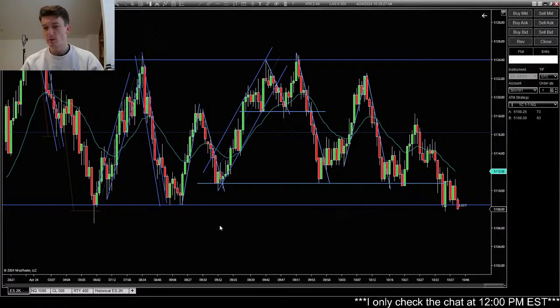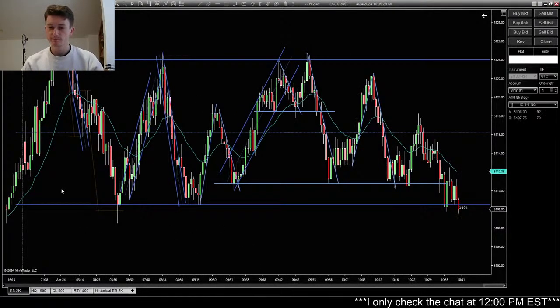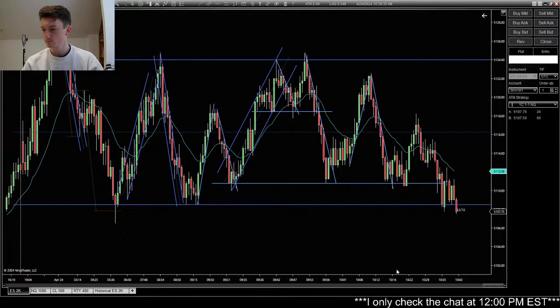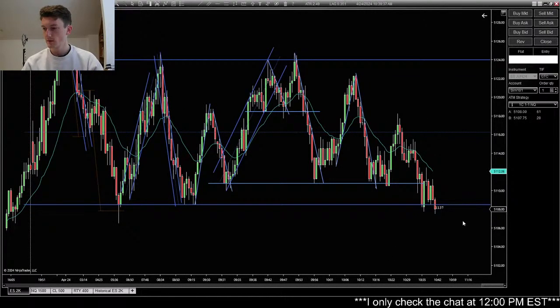So on the ES, we're bumping up against this support here. Trying to see if that's going to hold. I do believe there's a secondary trend working down.